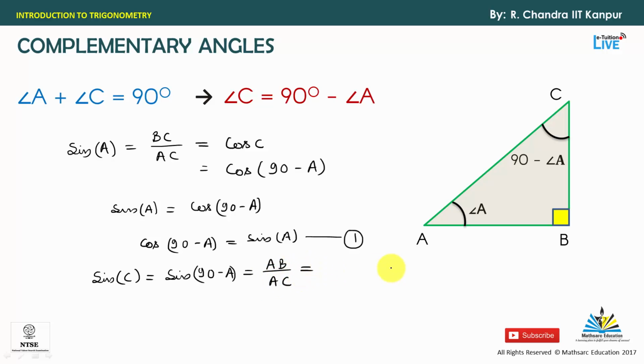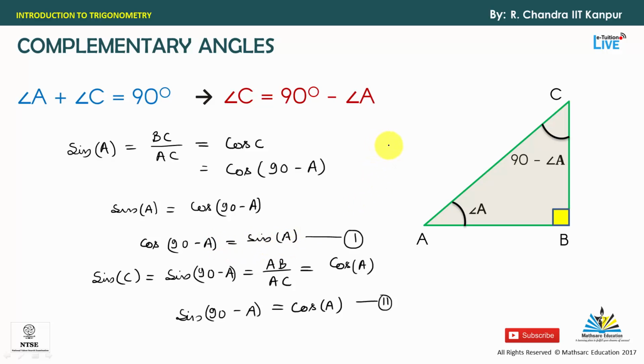And the same ratio AB upon AC with respect to A can be written as cos of A. Hence another formula we have: sine of 90 minus A is equal to cos of A. So we have these two formulas that we have derived. Sine 90 minus A is equal to cos A and cos 90 minus A is equal to sine A.